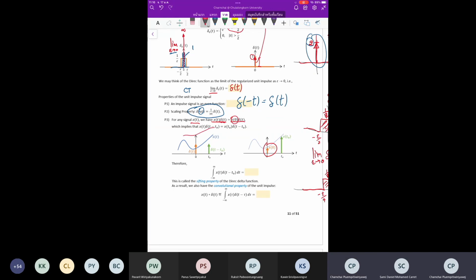If you multiply the blue line with the orange arrow, you get an orange arrow, but the height is different. The height is just x0, according to this one.